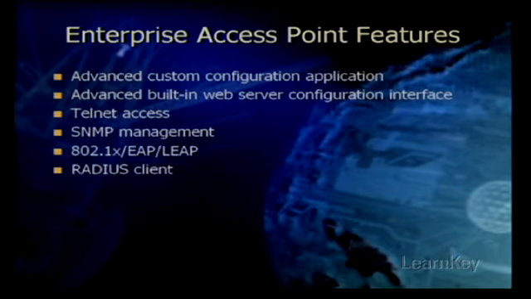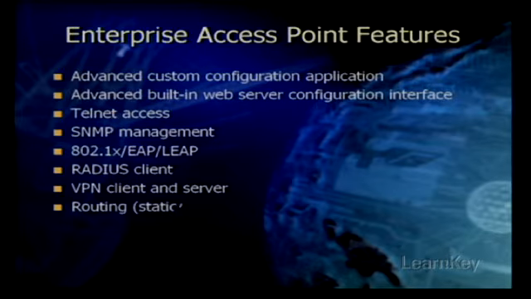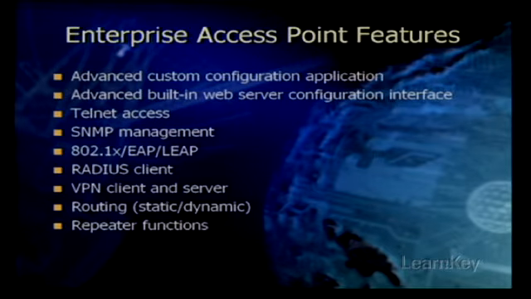A lot of times, enterprise access points also provide VPN client connectivity and server connectivity, and may even be able to participate as a VPN peer device. Routing for static and dynamic routing, meaning that it'll even be able to pass some routing protocol information, such as OSPF or RIP. Repeater functionality and bridge functionality are also things that most enterprise-level access points will provide.